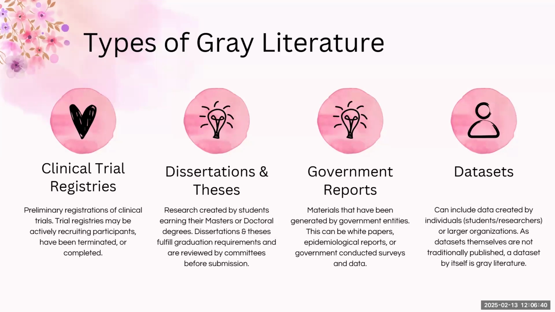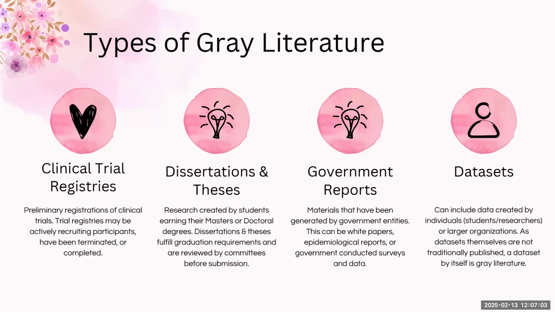Government reports are materials like white papers, epidemiological reports, government surveys and data that are generated by the government or a professional organization. You can also have reports from businesses and NGOs and things like that. And then finally, this is definitely not an encompassing list of types of gray literature.